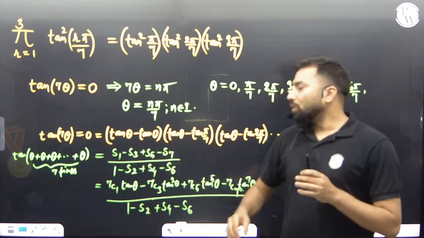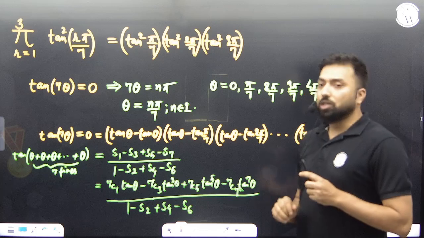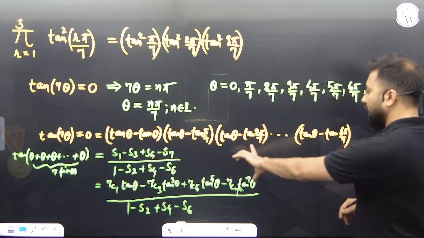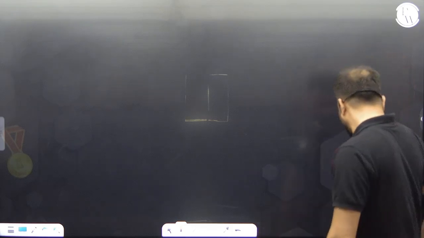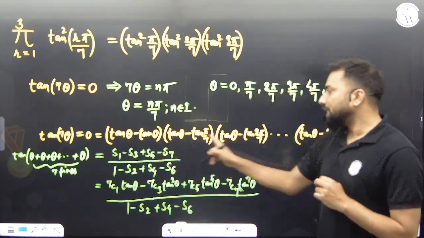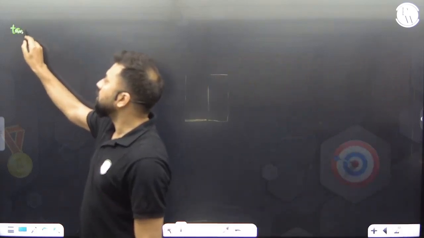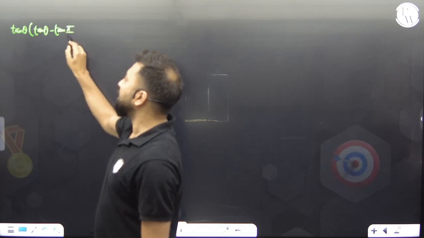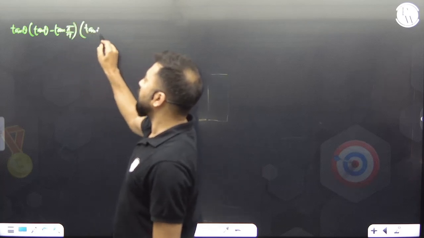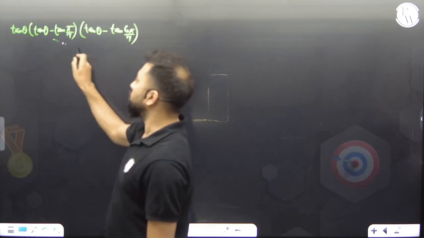So what we'll do, we'll equate these two terms, but after multiplying with minus 1 here, okay? So this expression would become, now I have to write this term and negative of this term, right? So I can write here tan theta into tan theta minus tan pi by 7 into tan theta minus tan 6 pi by 7. I'm clubbing these two terms, okay?